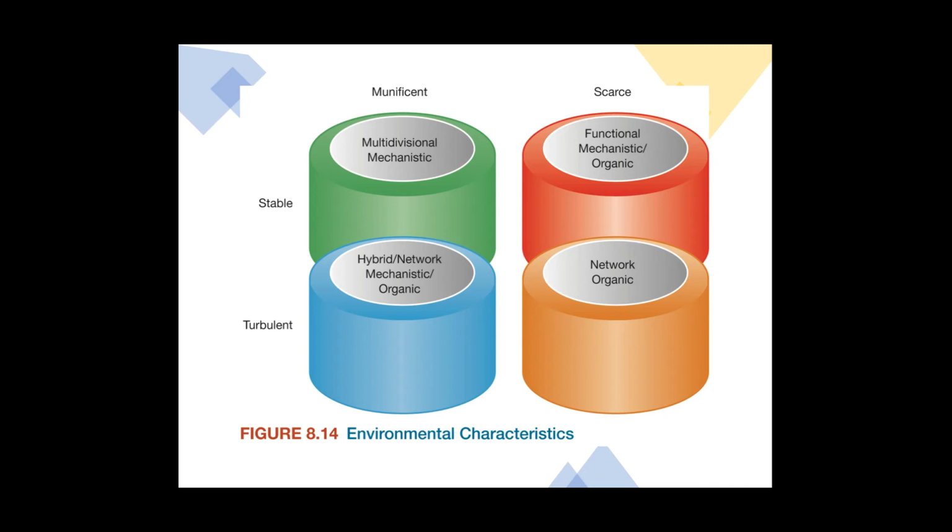Or very functional or very multi-divisional, that will really have some impact on the efficiency of the organization and its ability to address its external environment. More on that in the text. You want to take a look at that, all right?